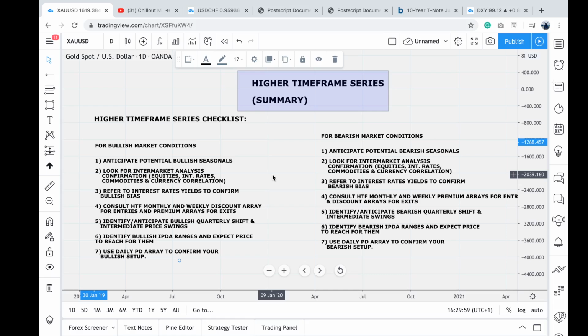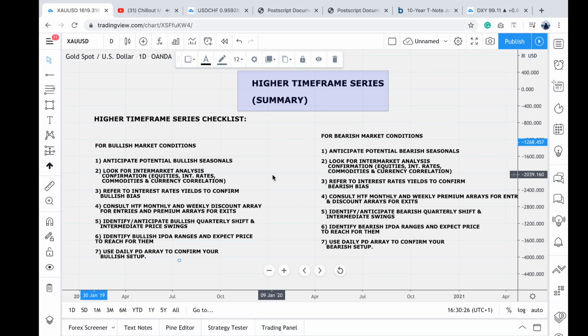And number 6, you identify the bullish IPDA ranges I expect price to reach for. So you identify the bullish IPDA ranges, which are the 20-day, 40-day, and 60-day data ranges, where you can expect institutional fund-level liquidity to be resting. You're going to look for the market to trade into that level, because this is what the central bank will consider a very profitable move.